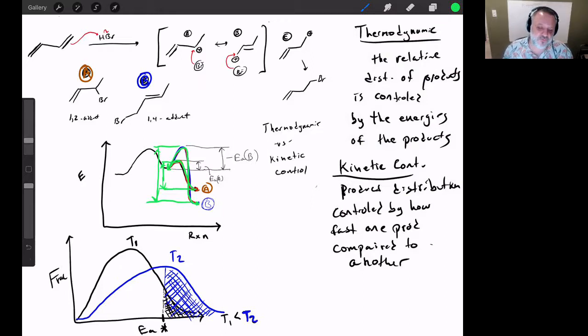However, if I lower the temperature and I restrict the number of molecules that can overcome activation energies, then the majority of molecules end up in whatever well has the smallest activation energy, because that's the reaction that's going to happen fastest at that temperature. And so this is what we mean by thermodynamic and kinetic control.